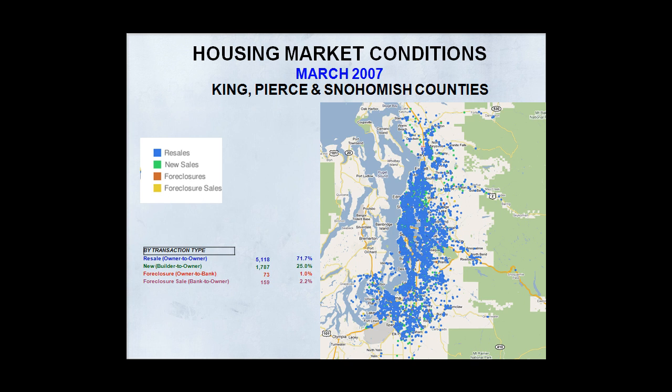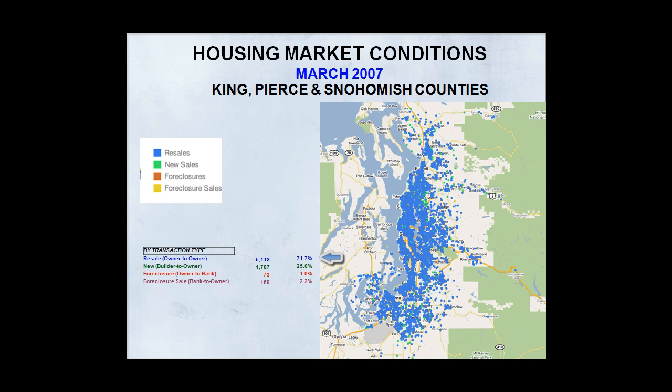As you can see, in March 2007, economic conditions in this particular area are generally very good. Credit's abundant, builders, buyers, businesses all have ready access to credit. The national economy is performing at a pretty high level and things look pretty good. As you can see in the numbers, only about 72% of the sales are conventional owner-to-owner sales.